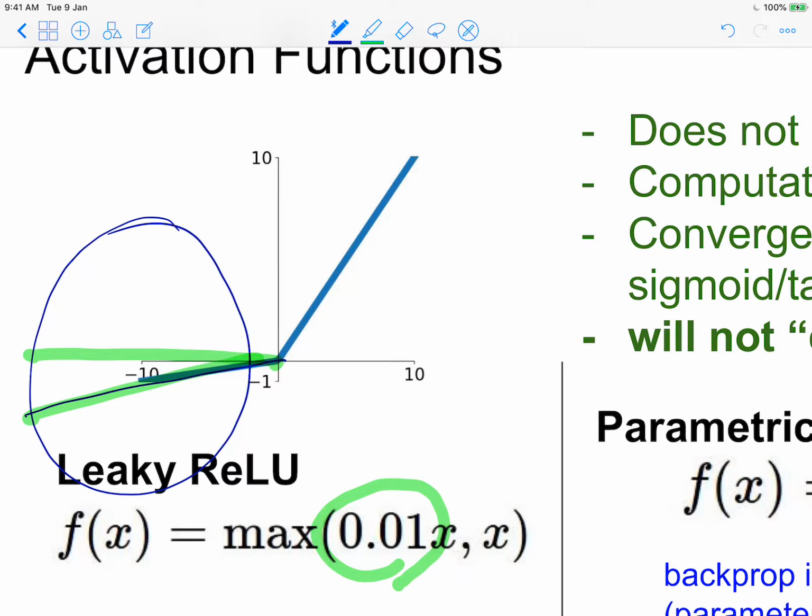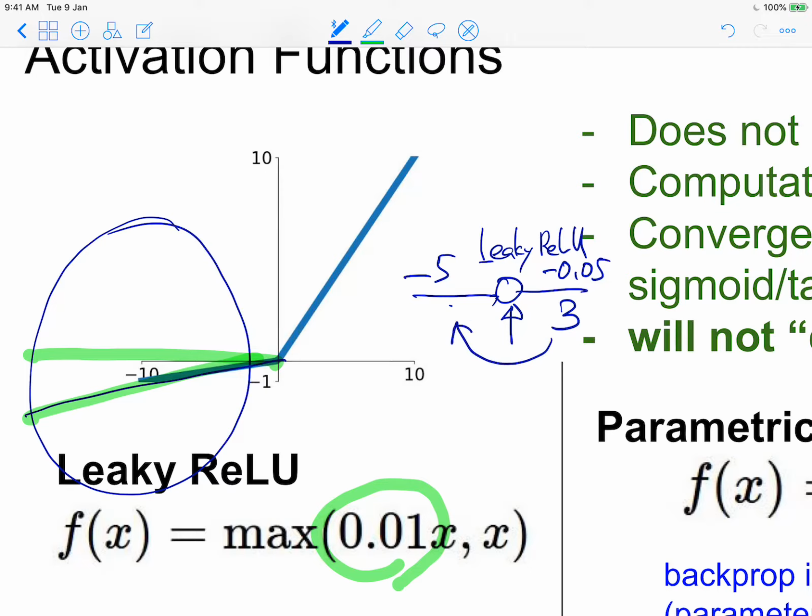So this is a leaky ReLU, and the forward propagation input was negative 5, and then the output will be negative 0.05, right? So this is the forward propagation output, and suppose the gradient arriving at this node was maybe 3. What is the gradient corresponding to this input node? 3 times 0.01, right?